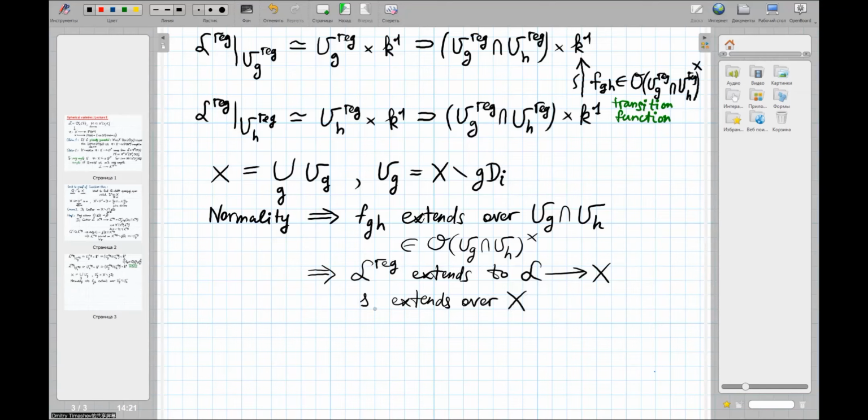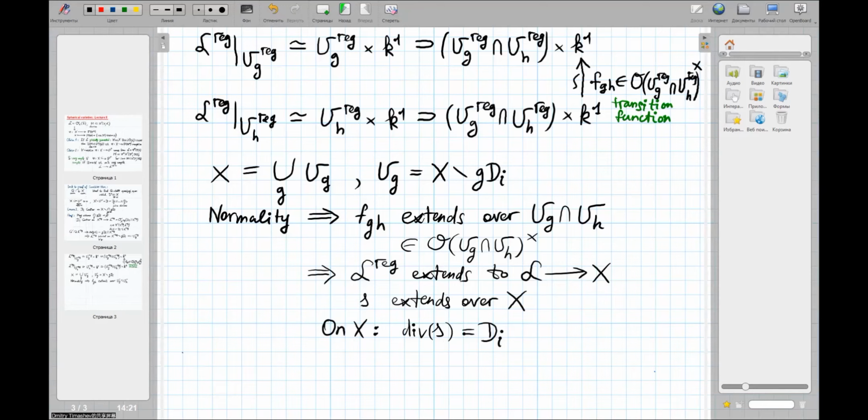So the divisor of this section s will be the same. So we have that on X, the divisor of this section s will be just di. And this proves the lemma.